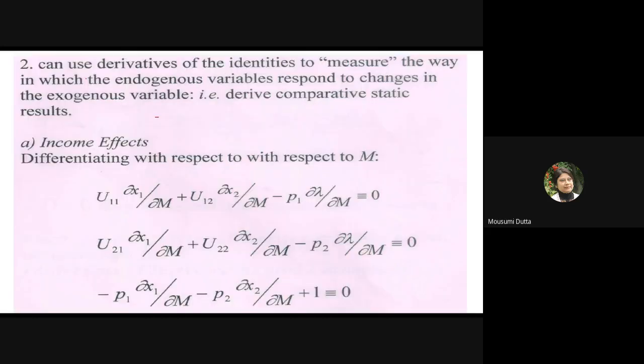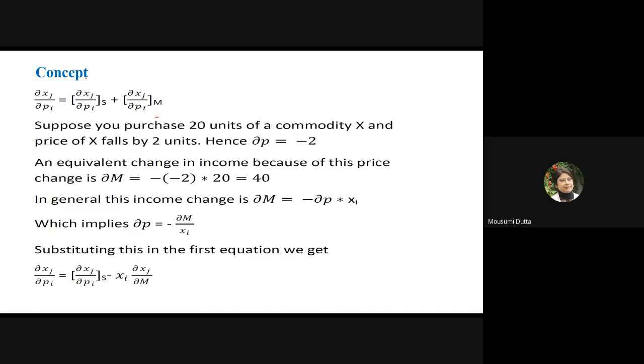Okay, next we have to find out del x1 by del p1. Because if we look at the Slutsky equation, the theoretical construct, we are not only considering a change in demand due to change in income, but also the substitution effect, that is, change in demand due to change in price.